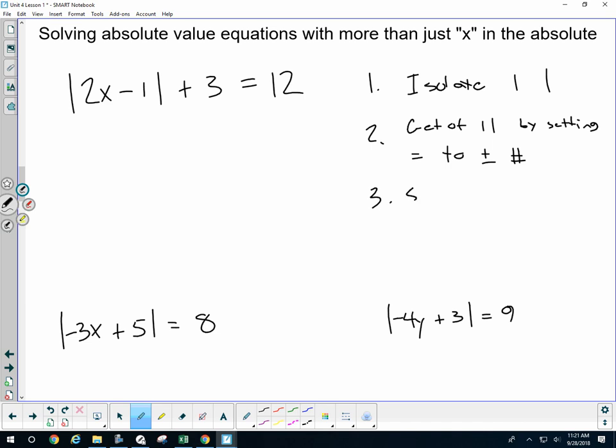Then solve your two equations. A positive equation and a negative equation.